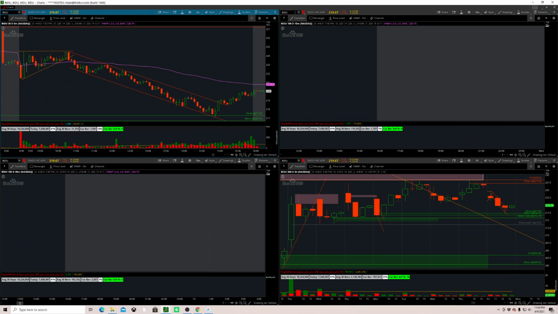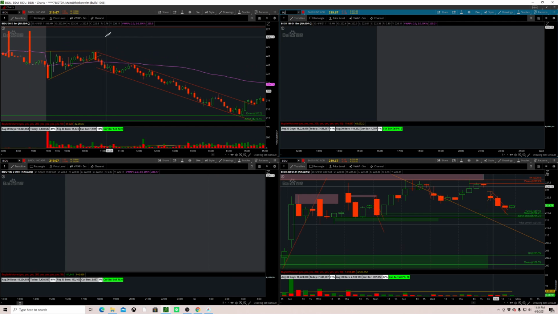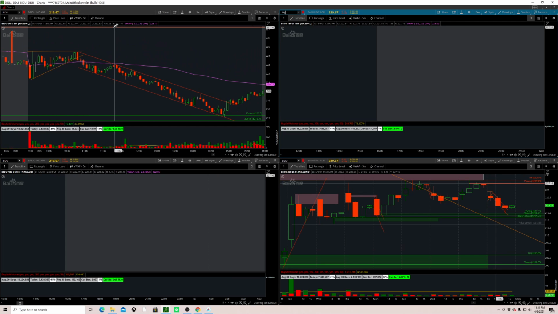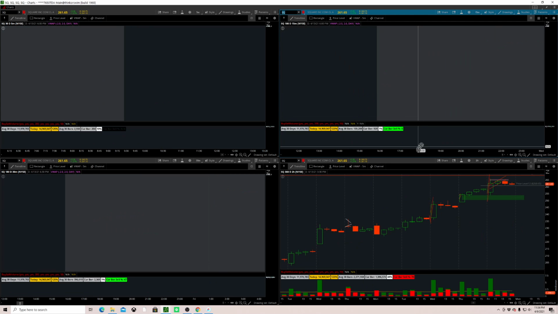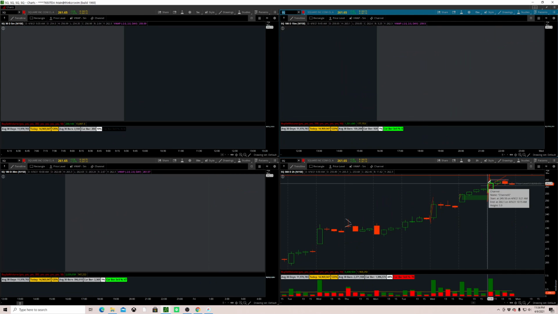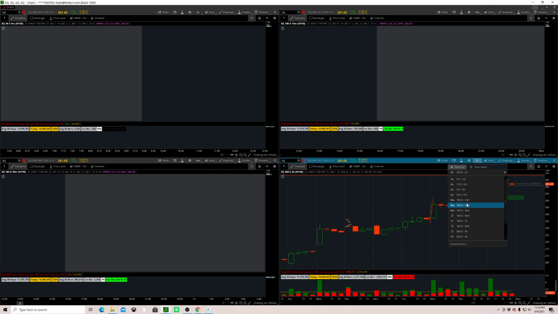And then finally, SQ. So the plan there was, you have one trade, you probably even take another one over here, with the break of this wedge, and then also taking a trade on rejection of this area too. SQ wasn't anything that I took today, but I realized that if I was going to take it, there was a demand area that had been created.